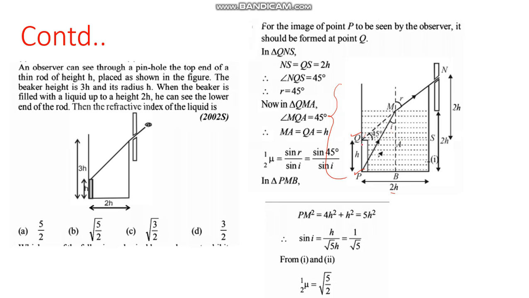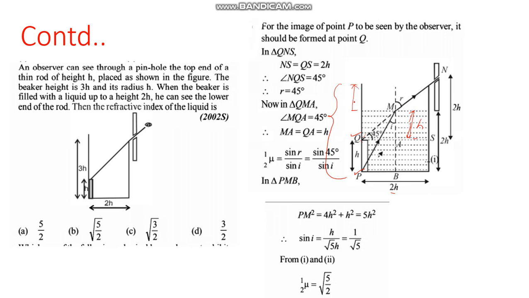So first let us solve the geometry. If this is h, the total is 2h, so this height will be h, this height will be h, and this leftover height also will be h.